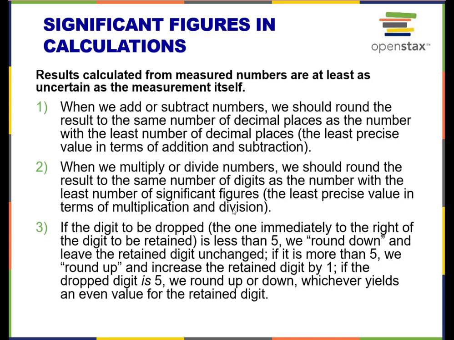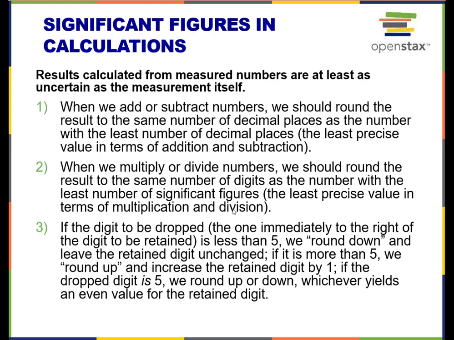When we add or subtract numbers, we can only keep the number of decimal places in our answer as the number with the fewest decimal places that we're adding together. So if I add two numbers together, my answer can only be as precise as the least precise number of those that I'm adding.